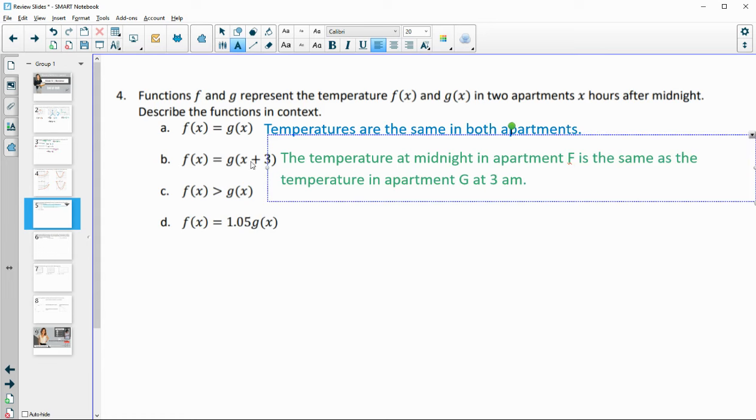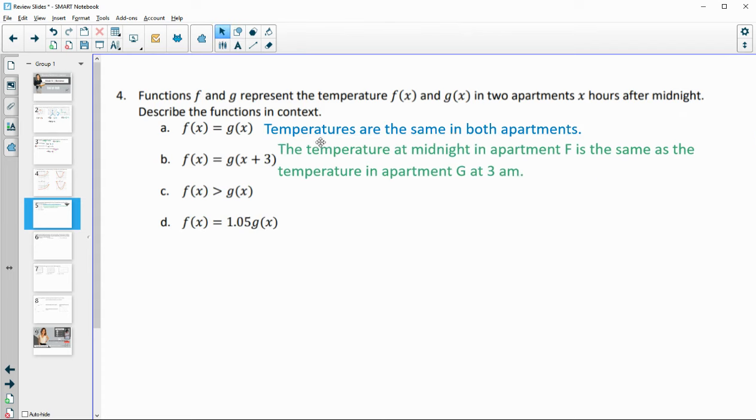If we said midnight, this would be midnight plus 3 hours. So that's just one example. Midnight would be the same as 3 a.m. You could even say at 1 a.m. in F, it's the same as 4 a.m. in G. So you could change this, but there's just a 3-hour difference.